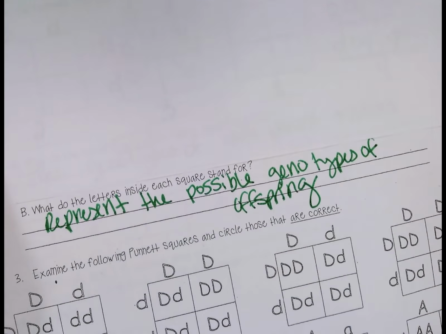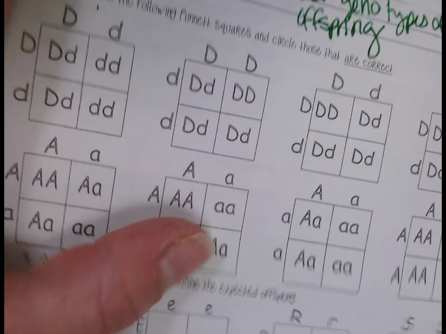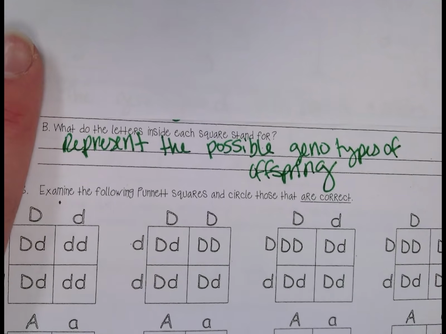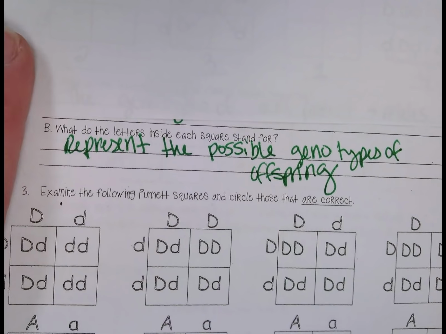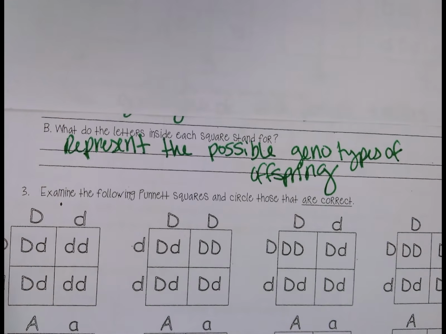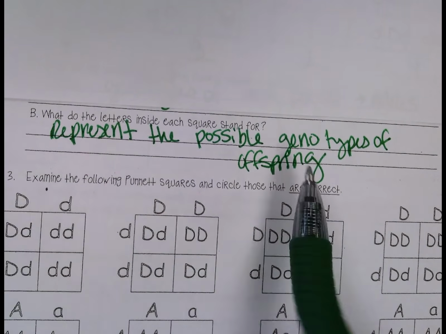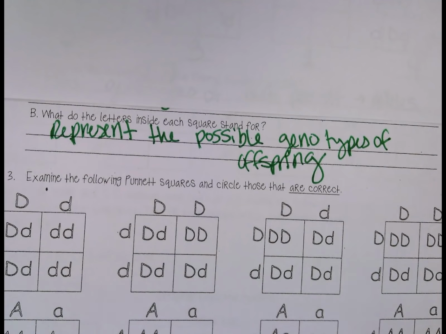So it's just a probability square, pretty much. We're just talking a little bit about math, but for the most part, I always enjoy Punnett squares. I always think they're kind of fun. It represents the possible genotypes of the offspring. So there's 4 offspring in this case. Now there's ones that you can have 2 different characteristics for, and those are just a pain in the butt to do. But for right now, we are simply looking at the possible genotypes of the offspring.